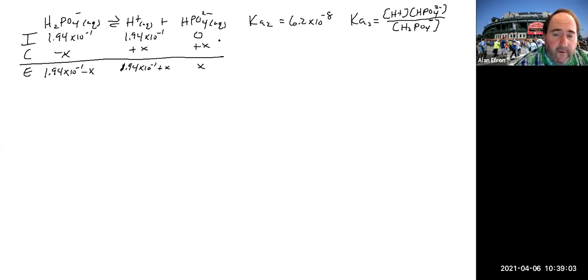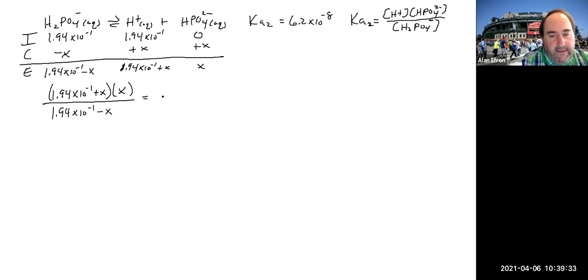Just like we've done before, we're now going to take this and put it into our Ka2 expression over here. If we do that, we end up with 1.94 times 10 to the minus 1 plus X, times X, divided by 1.94 times 10 to the minus 1 minus X, and that is going to equal our Ka2 value of 6.2 times 10 to the minus 8.